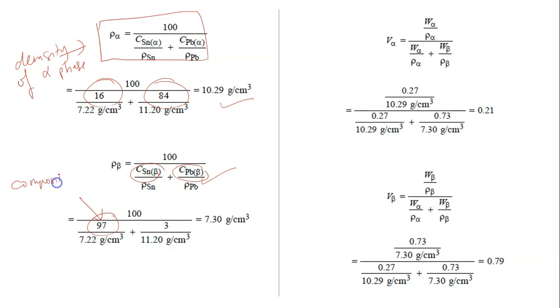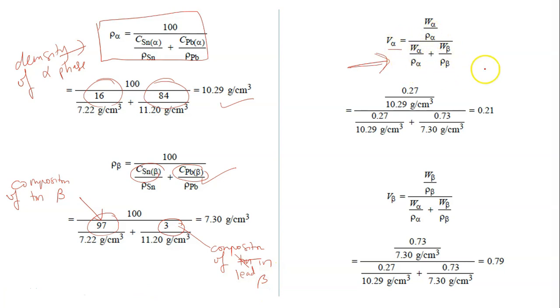Composition in weight percent of tin in beta phase, and this is the composition of lead in beta phase.